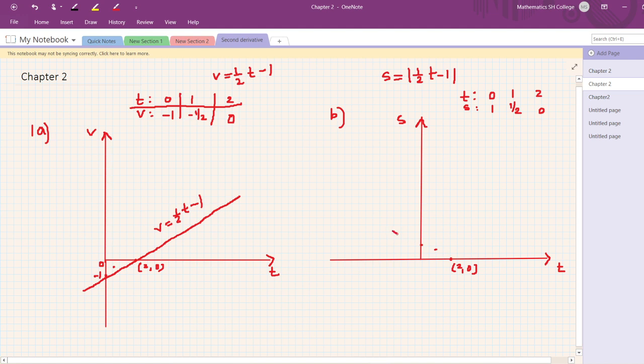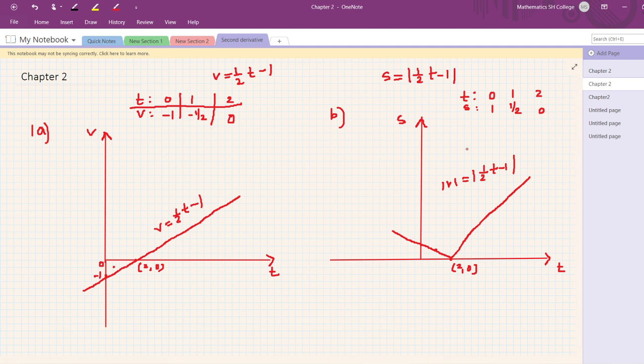So we will get a line like this. This is the graph for modulus of V, that is modulus of half t minus 1. It will not have negative values because we have the modulus function there. So we will have only positive values here. These are the corresponding graphs.